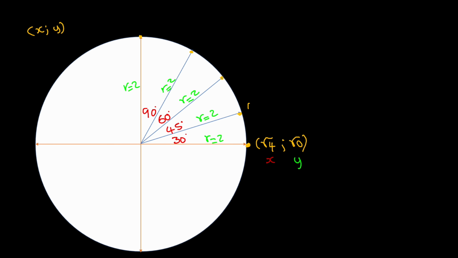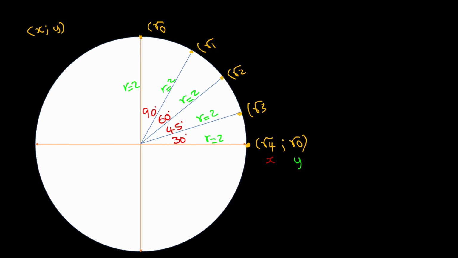The next coordinates will be square root of 3, square root of 2, square root of 1, square root of 0. So it is decreasing: 4, 3, 2, 1, and 0.